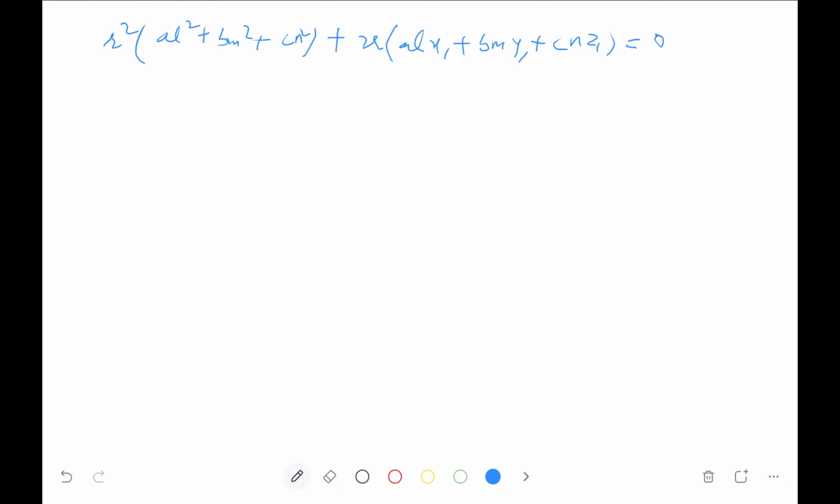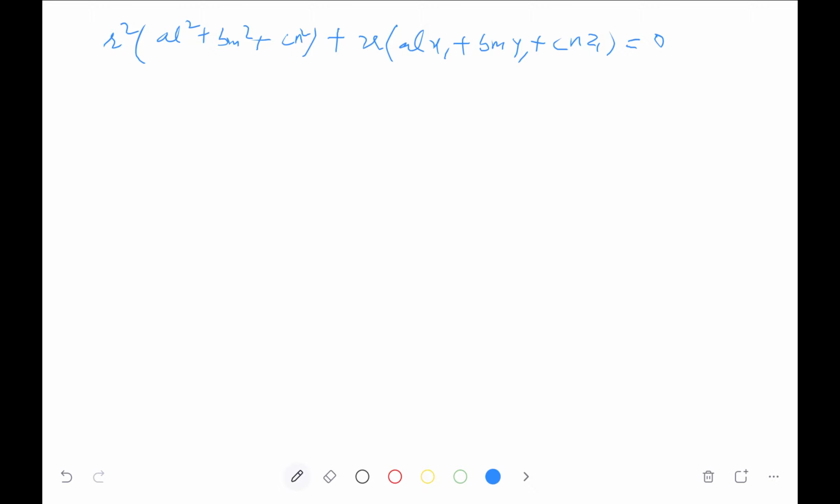Now this x1, y1, z1 lies on the conic also, because we have to find the tangent plane at x1, y1, z1. So x1, y1, z1 is a point on the conic as well as on the tangent plane. So it must satisfy the equation of the conic, that is a into x1 whole square plus b into y1 whole square plus c into z1 whole square is equal to 1.